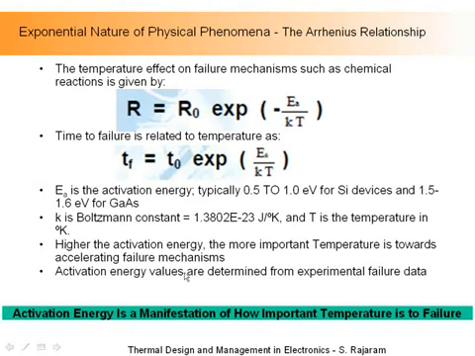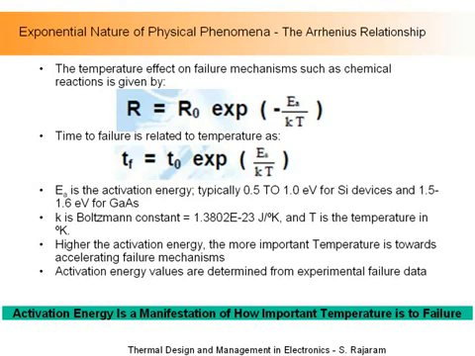So activation energies are usually determined by experimental data, and it is very well understood and tabulated for all the failure modes that I showed you before. Each one has its own activation energy. The combined effect is this number that we see over here. All right? So that is how important temperature is. It has an exponential relationship.